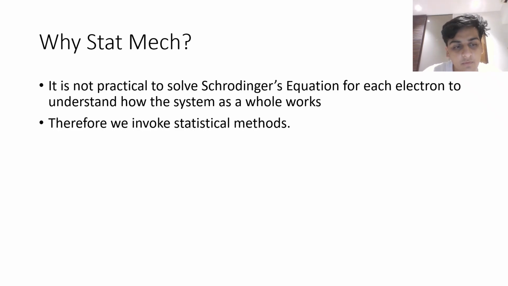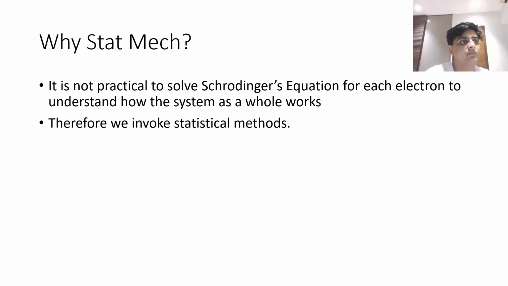Just like in thermodynamics, which you may have studied earlier, in principle you can solve Newton's law for each atom in a thermodynamic system, but in practice that is not possible, right? That is why we introduce statistical thermodynamics. So this is very analogous to that, and that is why we invoke some statistical methods.